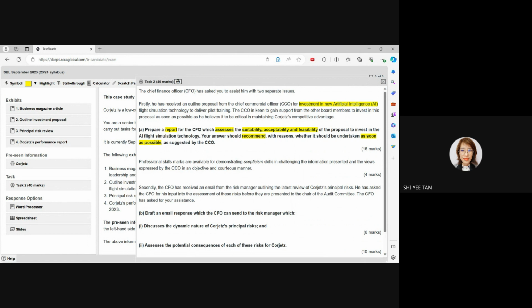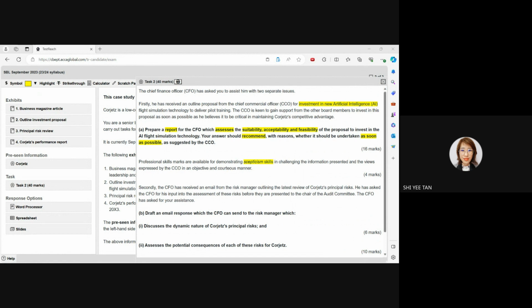Now, professional skills marks are available for demonstrating skepticism skills. Whenever you have skepticism skills, it means you are going to question whatever is given to you. It means probably you will tell some points that are not too supportive, but something to consider, something to ponder before we actually make the decision.